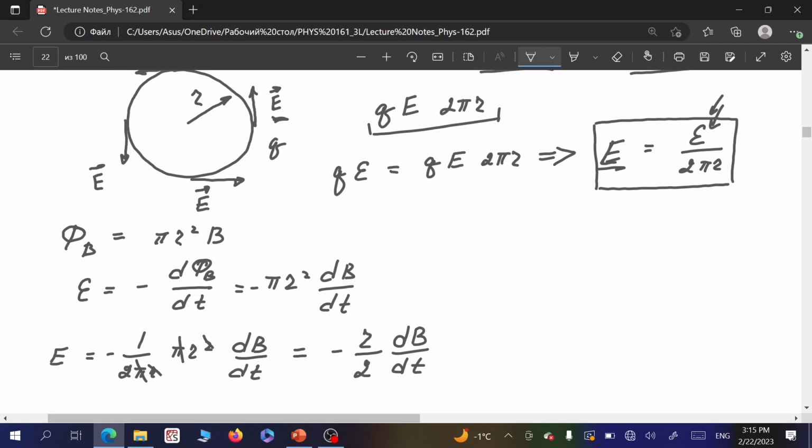Induced electric field is different from the electrostatic field.